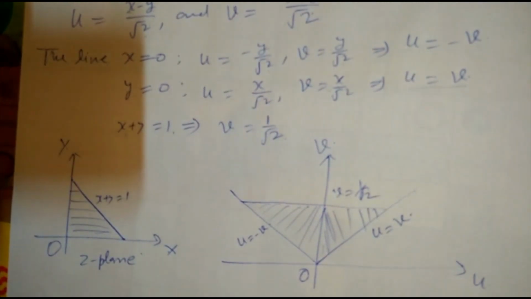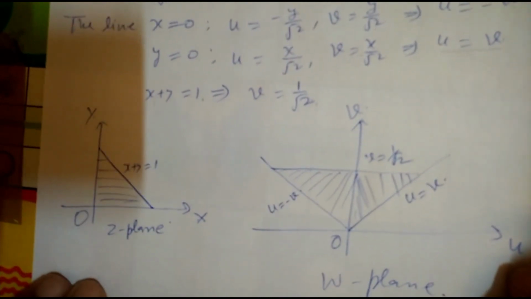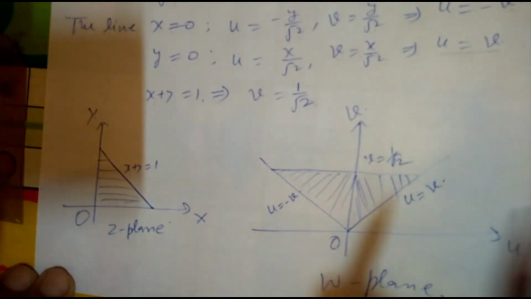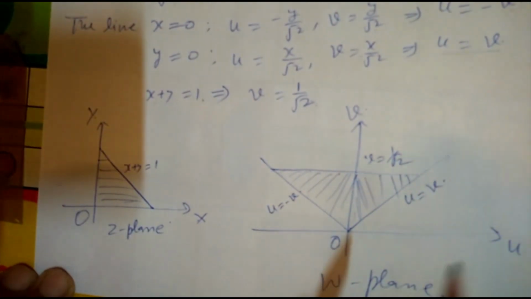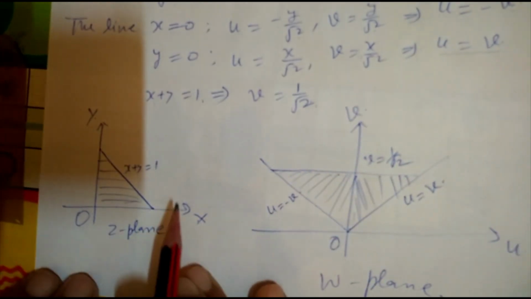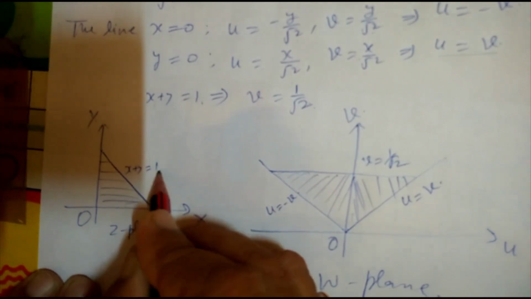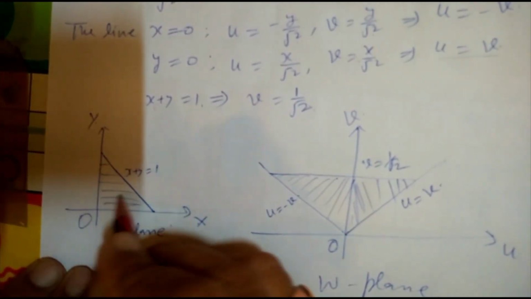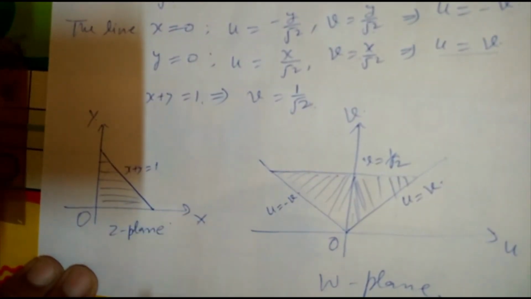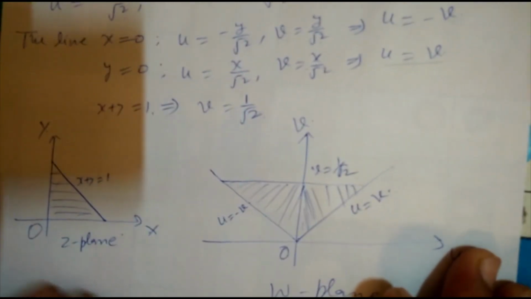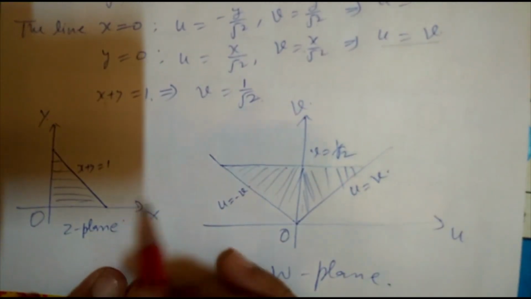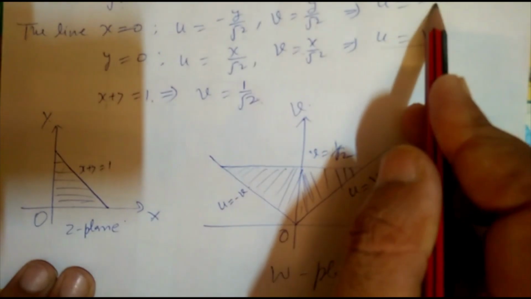So in that case, first of all, represent the lines in the z plane. This is the x axis, this is the y axis, and this is the line x plus y is equal to 1. So this region is in the z plane, and if we compute the region in the w plane, in that case u is equal to minus v.